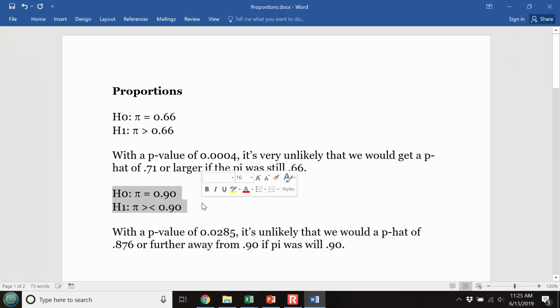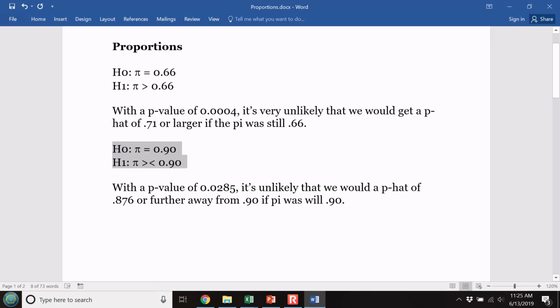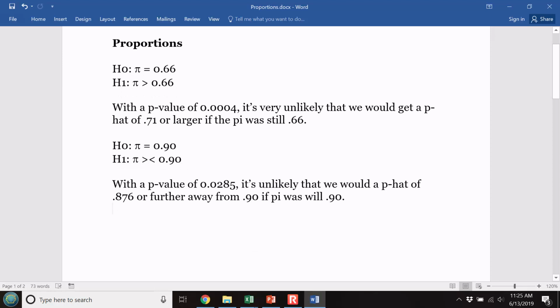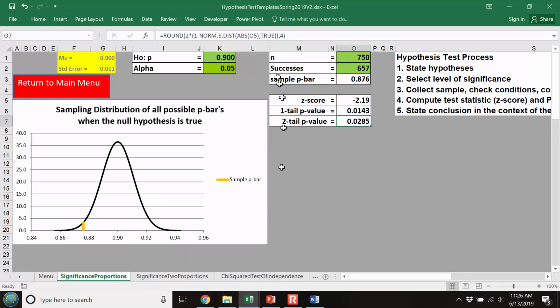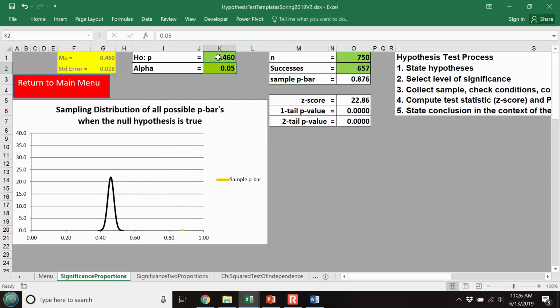Let's write hypotheses. Since the population is 46%, since they're concerned that their group has less than 46%. I can put 0.46 in there.